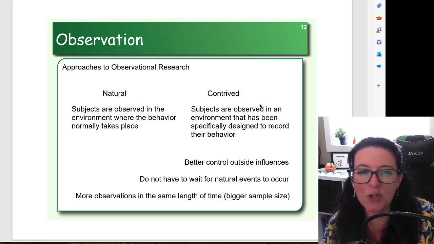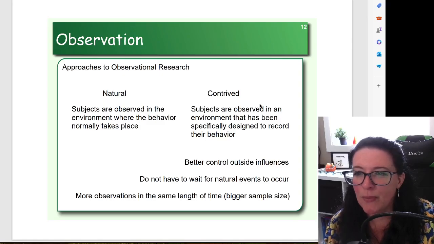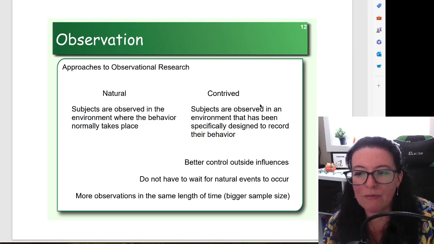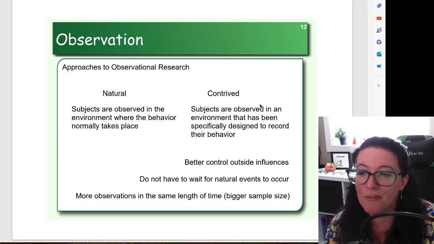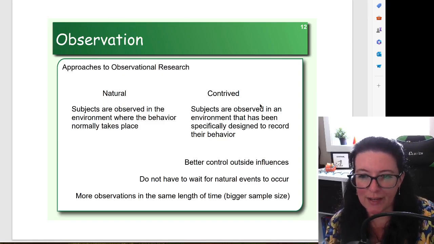And so there's an issue with validity. Validity being, would people act the same way in the real world? So in that contrived, subjects are observed in an environment that has been specifically designed for their behavior. But if they're not going to behave the same way they would in real life, then there's no point in doing that. There's nothing actually gained.